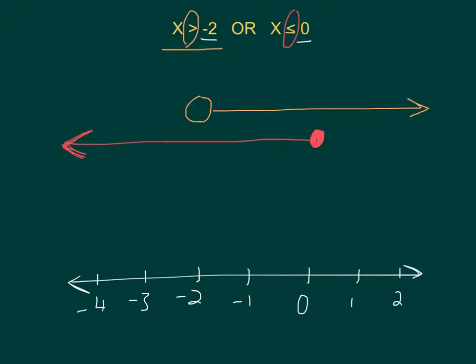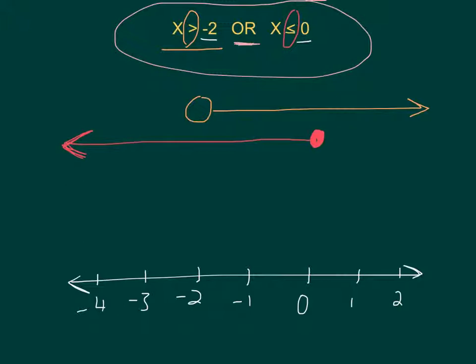So now I have two lines and I have an OR statement in the middle. So if I have an OR, that means I need to combine my two lines together. In this case, any number at all will make this whole thing true.